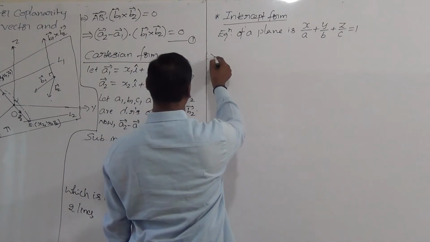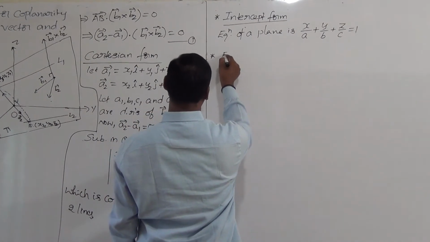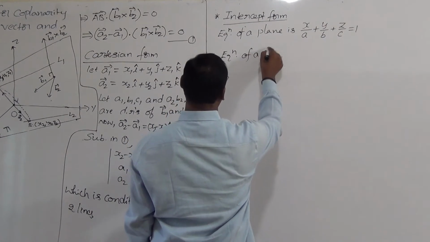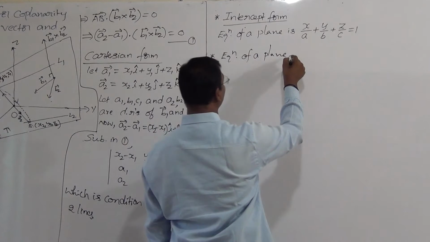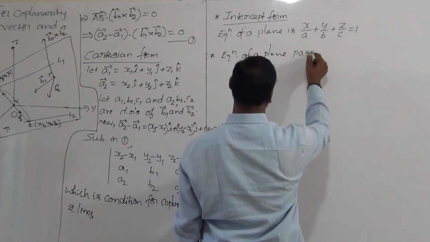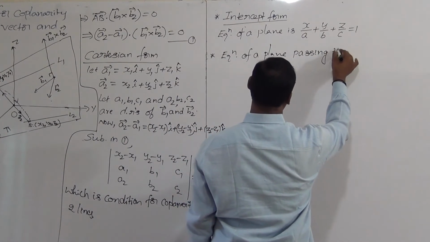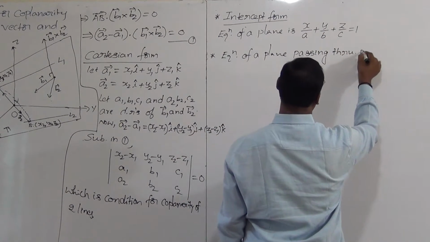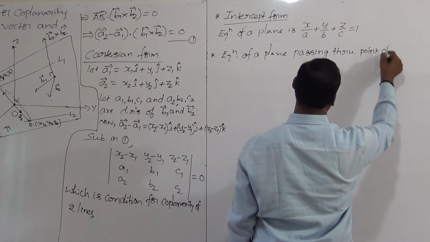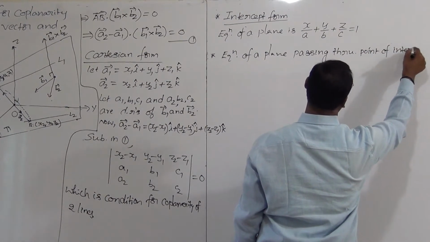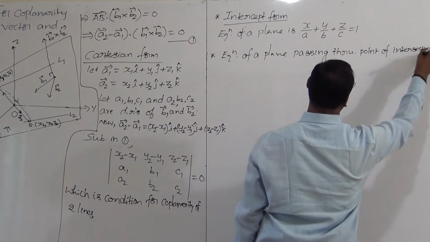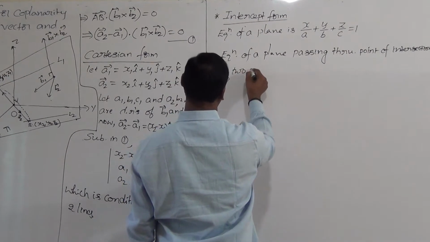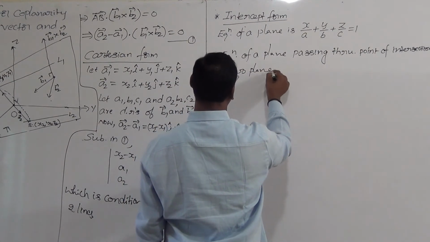Next, different forms. Equation of a line passing through the point of intersection of two planes.